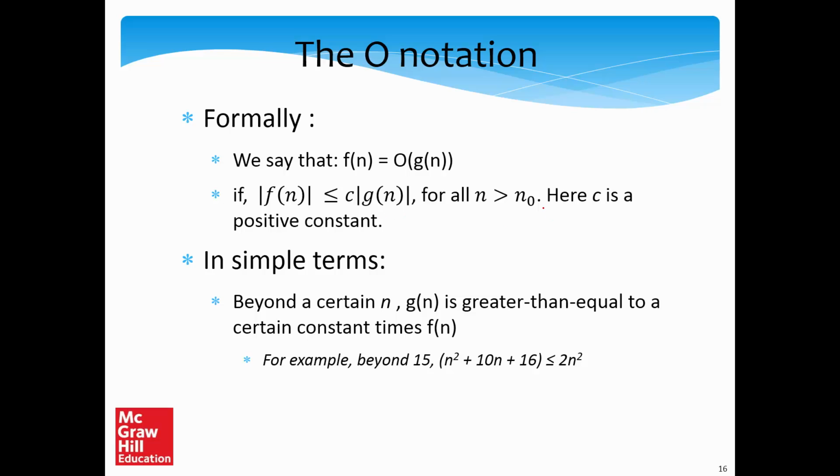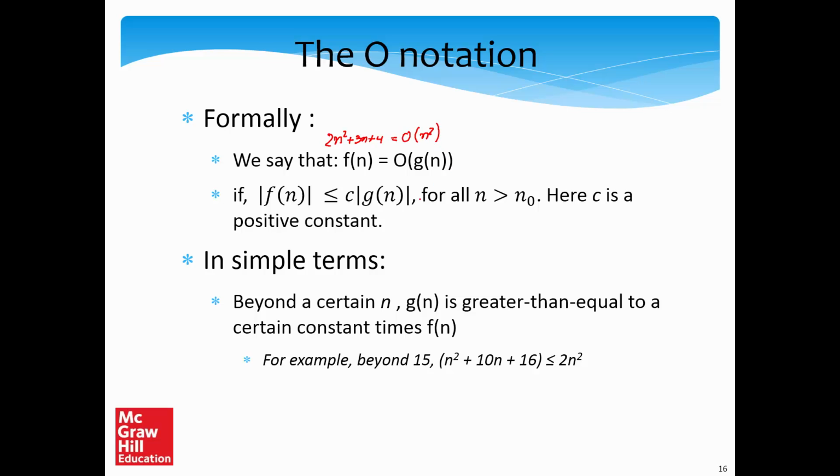I'll explain it with an example, but let me say what this means in a slightly colloquial sense. Let's consider two functions, f(n) and g(n). Let's say f(n) is the same old function, 2n square plus 3n plus 4, and we are saying that this is order of n square.